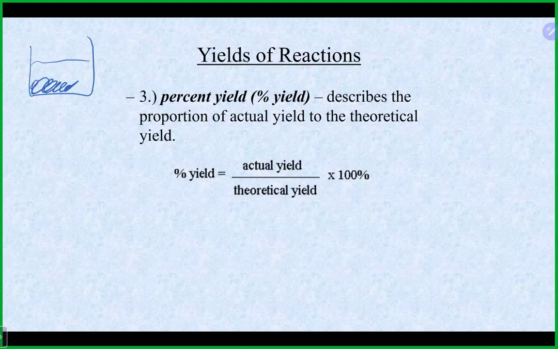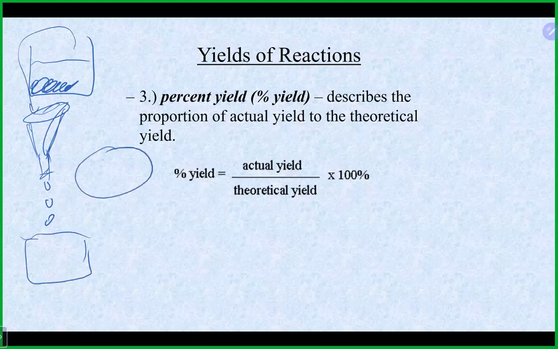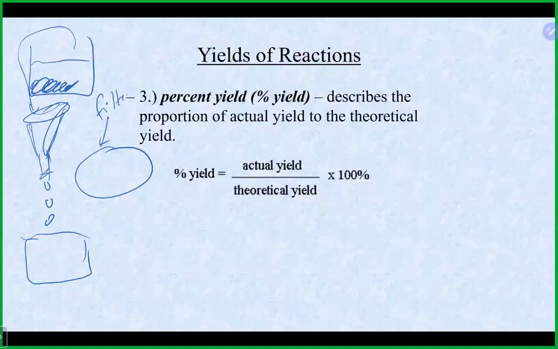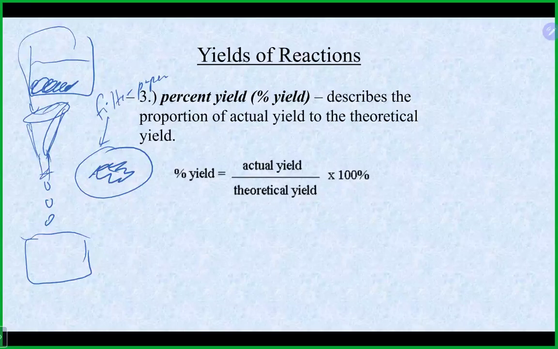And you're going to eventually at some point do a little badly drawn filtering here. So you're going to pour your stuff through here. The liquid part's going to go through into a beaker, and you'll be left with your solid sitting on a piece of filter paper.